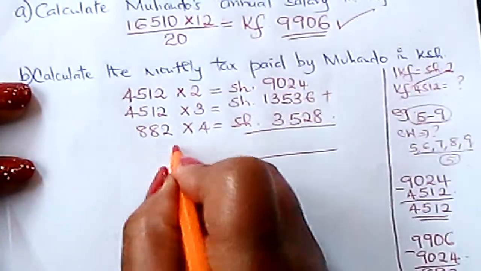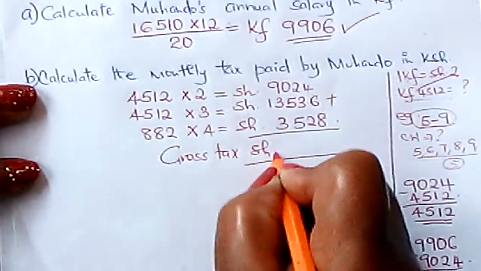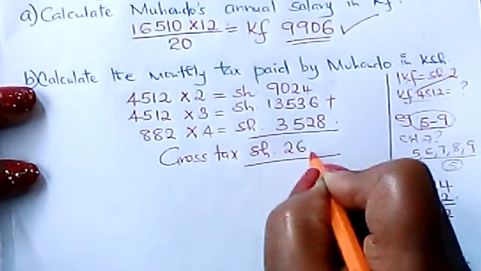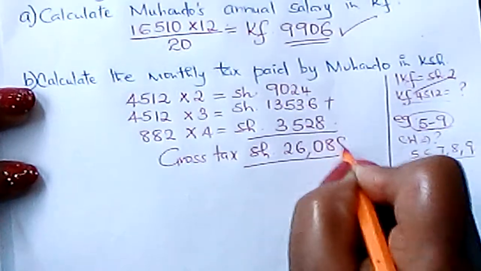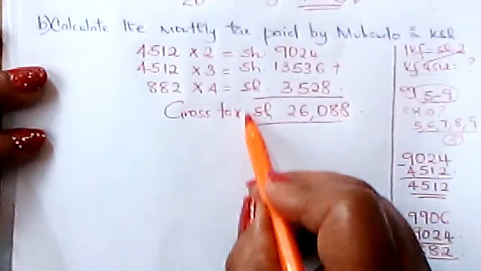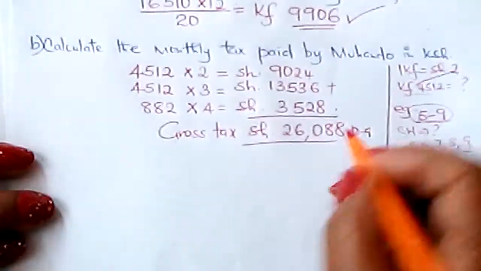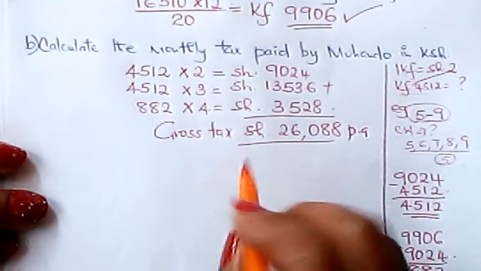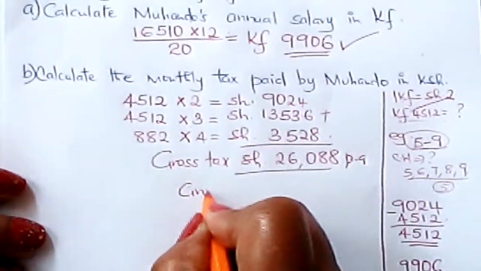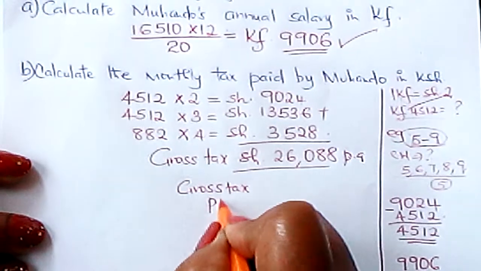So Lana, we now add this. You add this to get what we call the gross tax. And therefore by addition, you should get 26,088 shillings. Lana, this is gross tax per what? Per annum, direct from the table. Per annum, per year. And therefore, what is your gross tax per month?